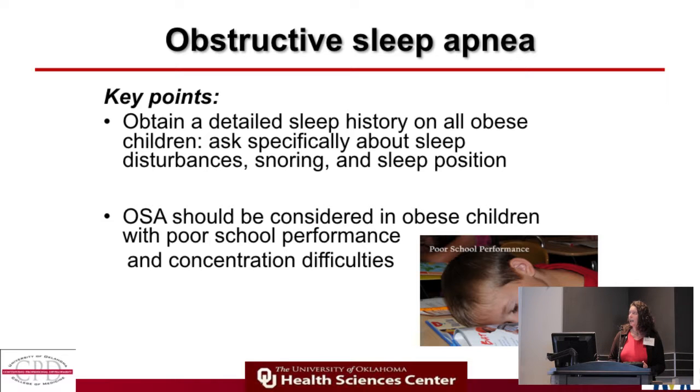I also ask about headache and nighttime bedwetting as well. All of those are symptoms of sleep apnea. So the key point is obtaining that detailed sleep history on obese children and asking specifically about sleep disturbances, snoring, and how their sleep position is, and remembering, if they're having poor school performance or concentration difficulties, to have sleep apnea for an obese child on your differential diagnosis.